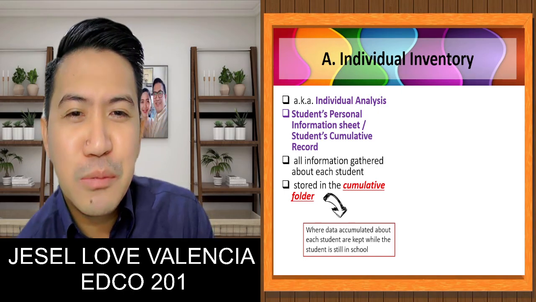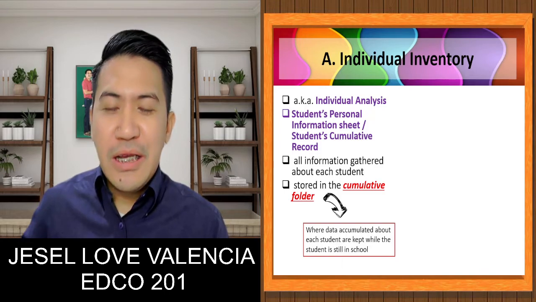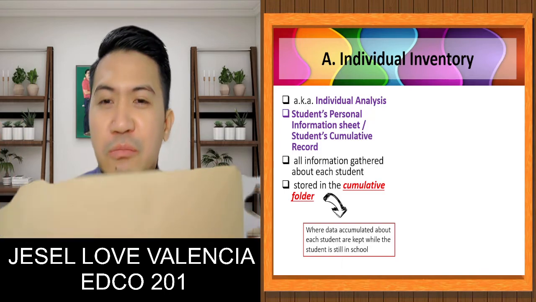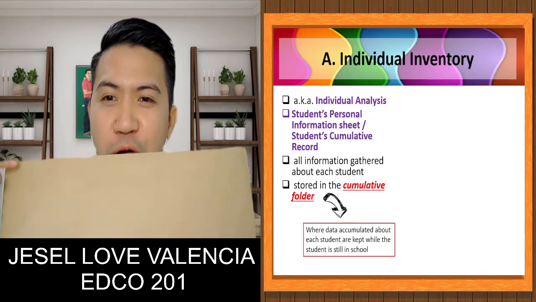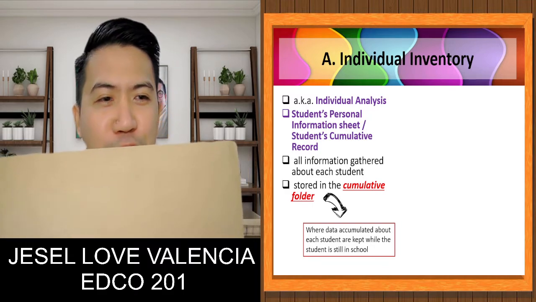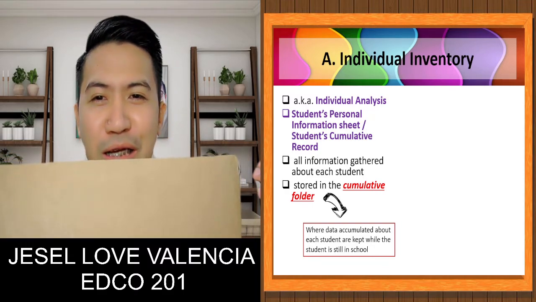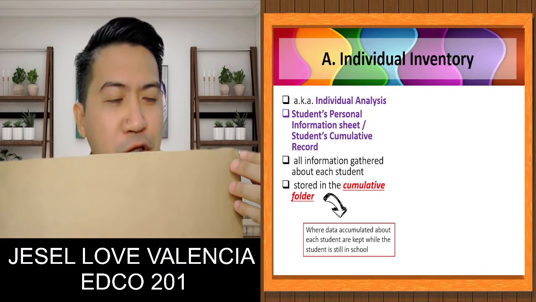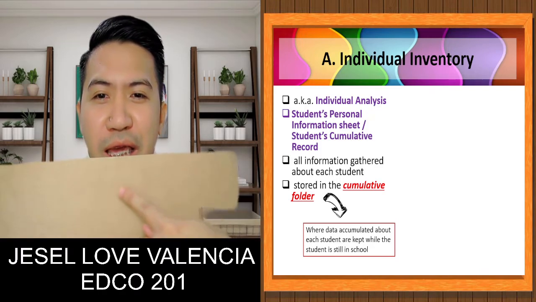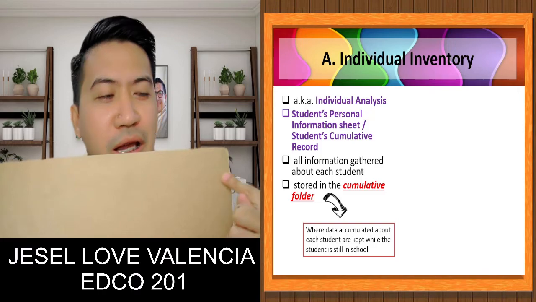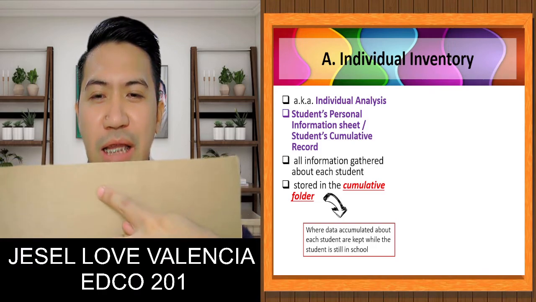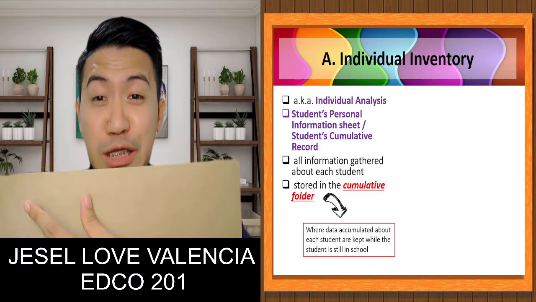And this is the example of that folder. Actually, not really a folder, but first it is an envelope. To those who are working right now, the sirs and ma'ams, you know that. So you have the name of the student here. Here in our school, we have the name of the student, and then there's a picture.